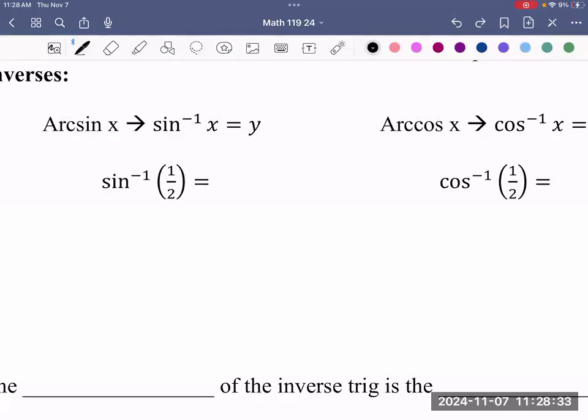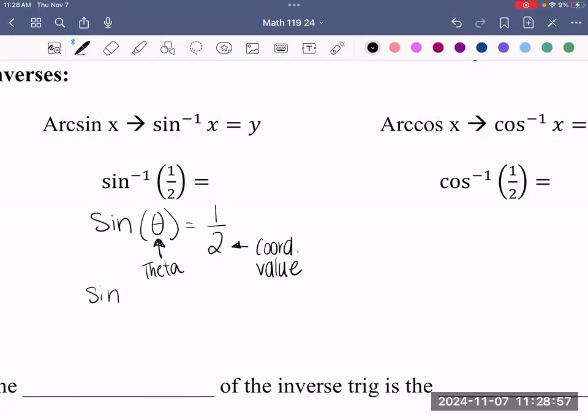In order to tackle some of these questions, we need to figure out, what is my theta when my sine is equal to 1/2? So this is our coordinate value, and we are searching for your theta. It just says sine of what theta is equal to 1/2.